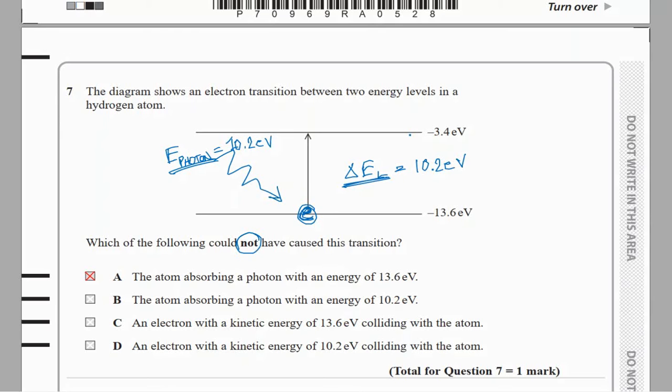So the atom absorbing a photon with an energy, we just found out the energy of the photon was 10.2 and not 13.6. Had it been 13.6, the electron would have risen to the ionized state, as in over here. That would have been 0 electron volt. If the photon energy were 13.6, the electron would have jumped directly to this 0 electron volt level.